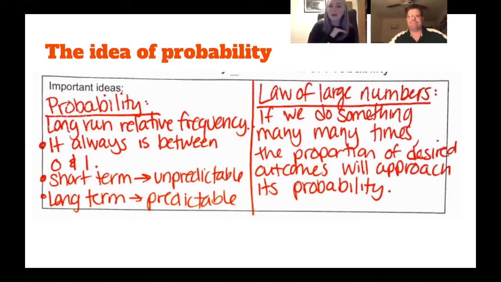And then we think about short-term probability as being quite unpredictable, like me shooting the basketball. And long-term being predictable, which you kind of saw. You want to talk about law of large numbers? That's what happened when we ran the simulation for the election. We ran it, I think, 4 or 5 times, and she got Joe Biden almost every time.